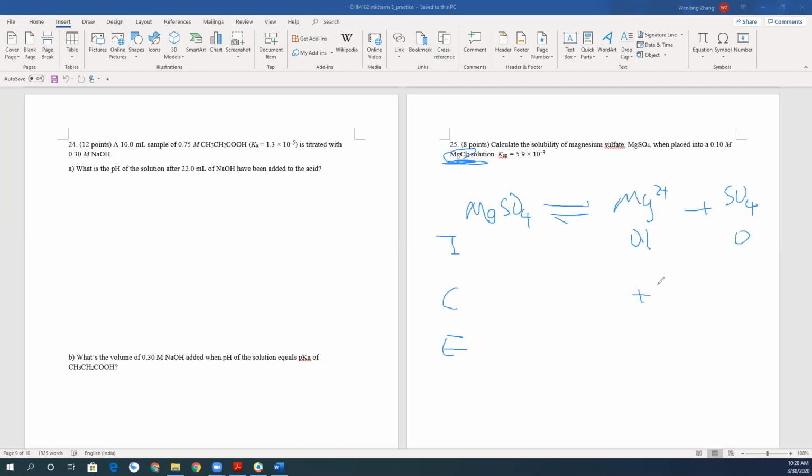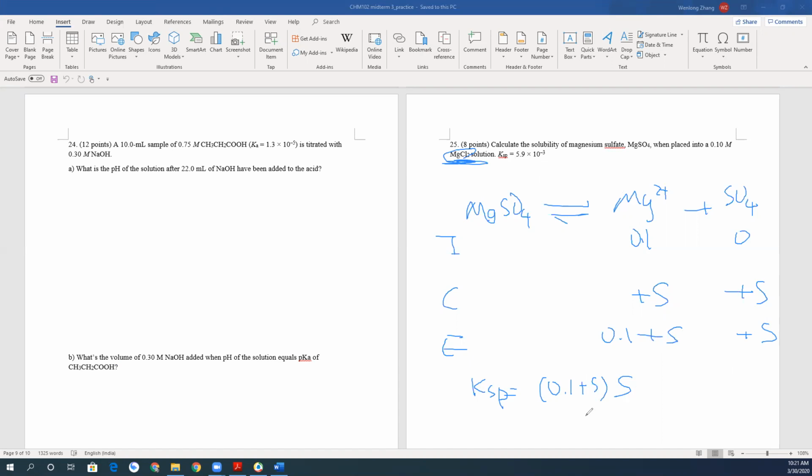So this is plus S. So the equilibrium concentration is 0.1 plus S, and this is S. So based on the Ksp value, Ksp is equal to 0.1 plus S, multiplied by S. In the solution I posted, I assumed this S is small.